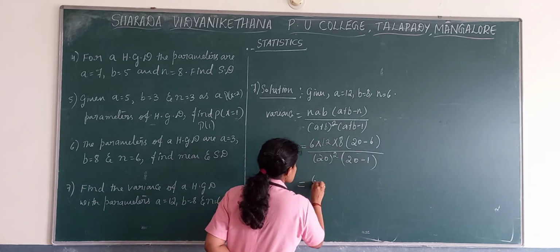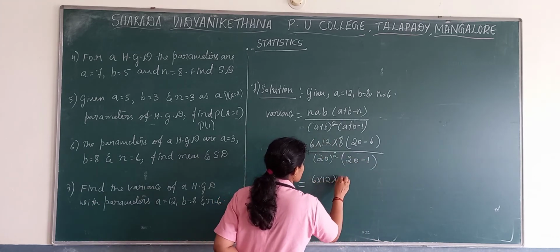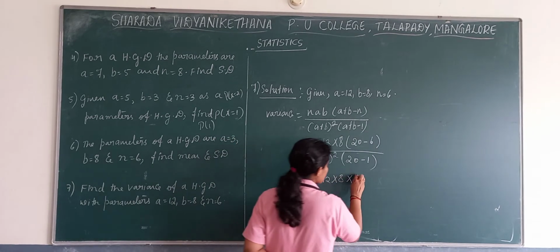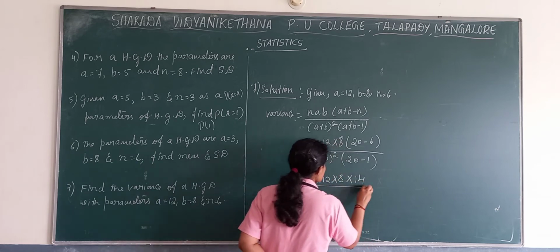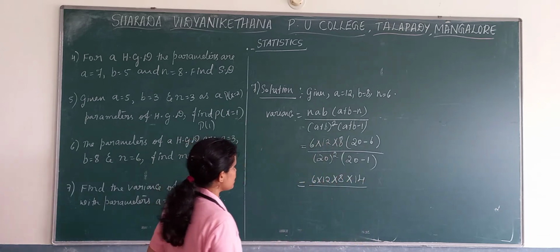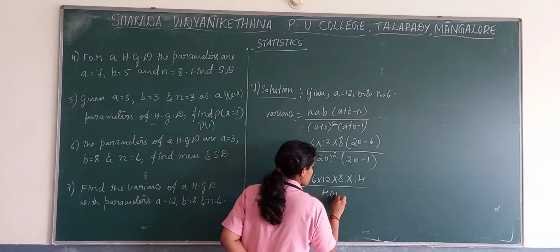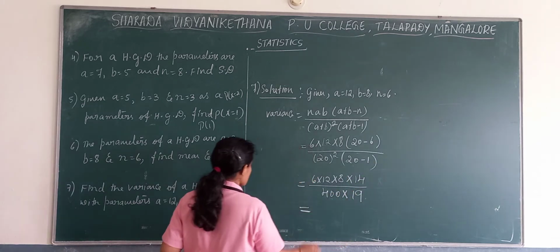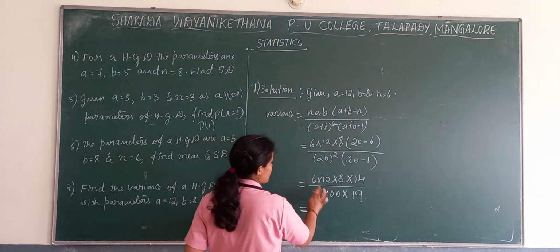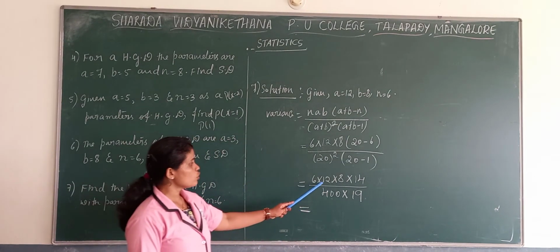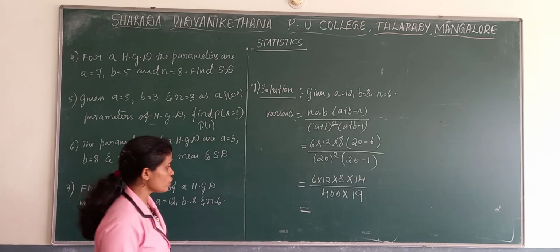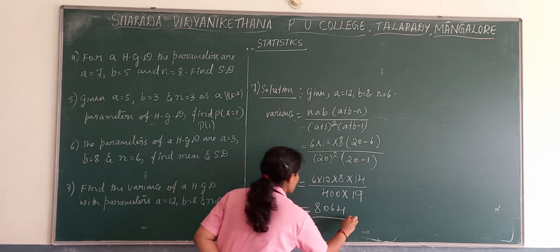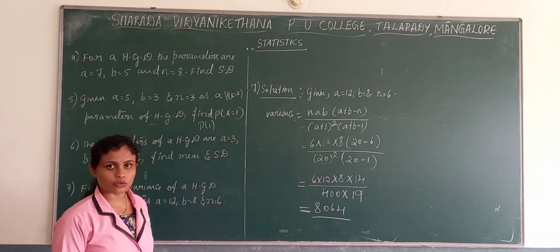So here 6 into 12 into 8 into (20 minus 6, we get 14). Then 20 into 20, we get 400, into 20 minus 1, 19. When we multiply 6 into 12 into 8 into 14, we get 8064, divided by 400 into 19.